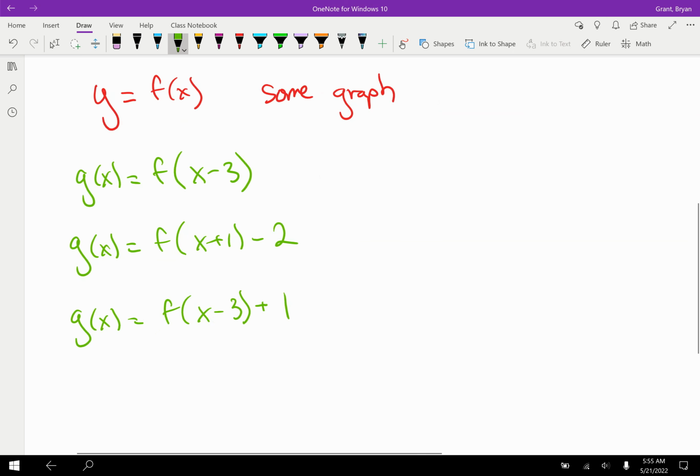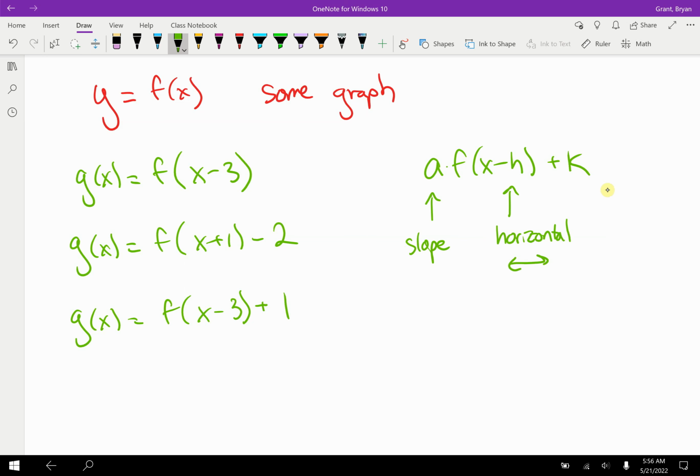Well, each of these transformations are based on a times f of x minus h plus k. And we have seen these before. A is going to change the slope. H is going to shift our graph horizontally, and so that's going to move it left and right. And then k is going to shift our graph vertically, and so that's going to move it up and down.